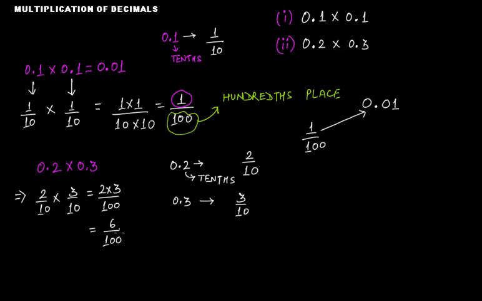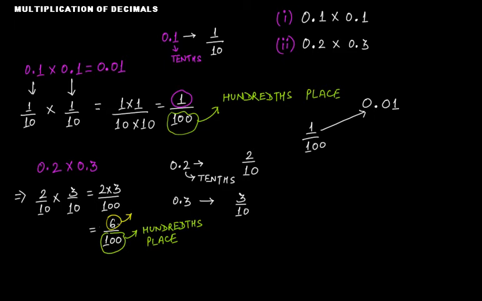Again, this 100 is telling us a story of the hundredths place. It's telling you, hey, I'm telling you something about the hundredths place. And this 6 is telling you that I'm present at the hundredths place.